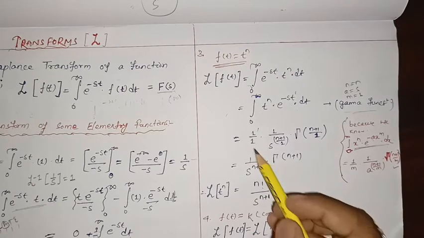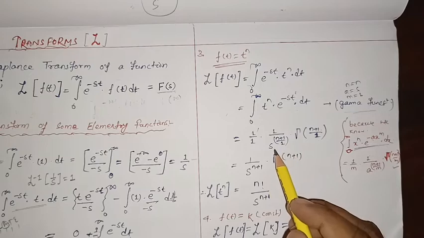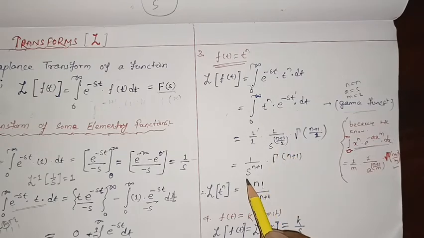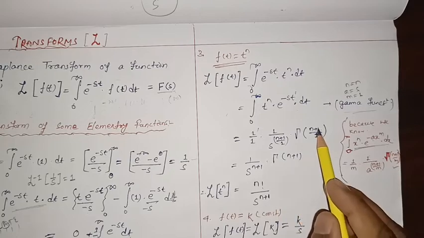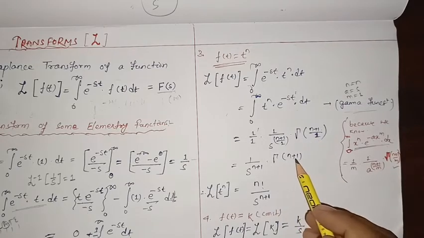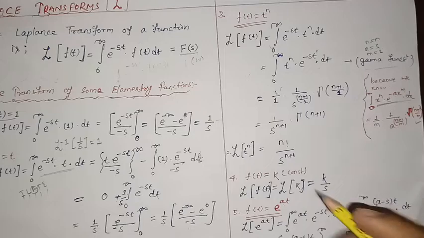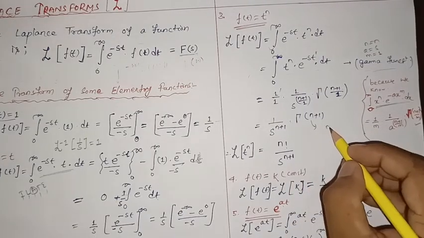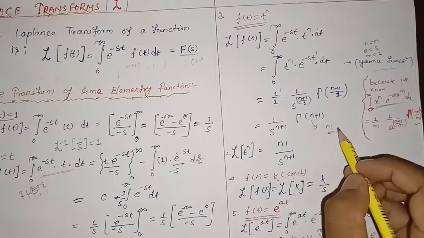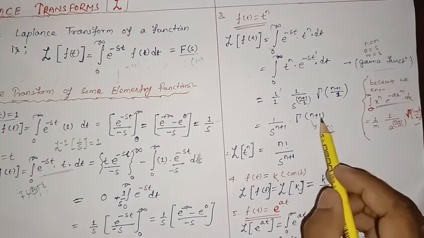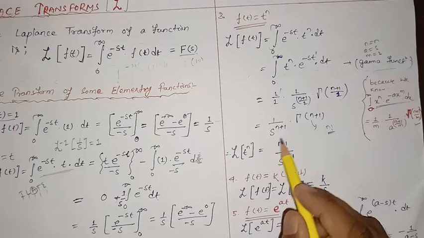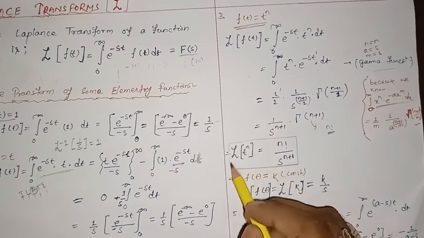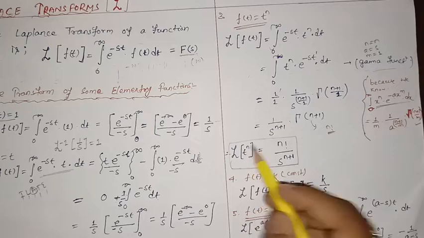So here you can see s to the power n plus 1, and gamma n plus 1. We know that gamma n plus 1 is nothing but n factorial. So it is written as n factorial by s to the power n plus 1. So this is the Laplace transform of t to the power n, right?